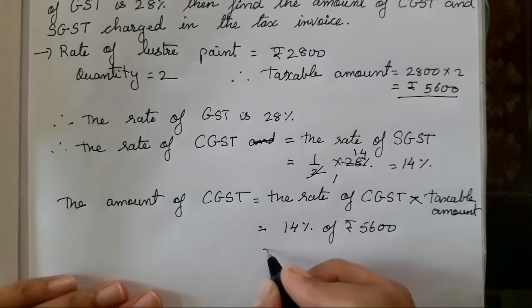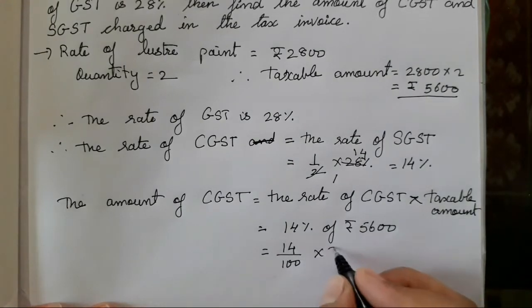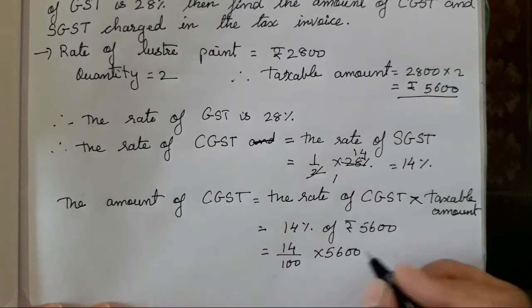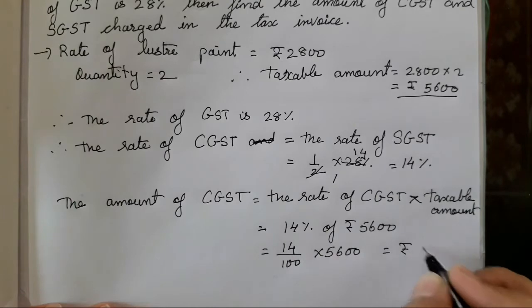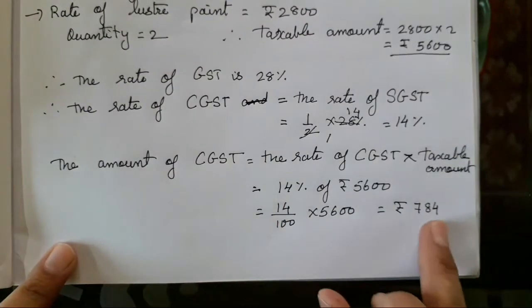Now 14%, how are you going to write? 14 upon 100. You are going to write this in this way, and 5,600 is going to be written in this way. When you reduce it, the answer is going to be rupees 784.